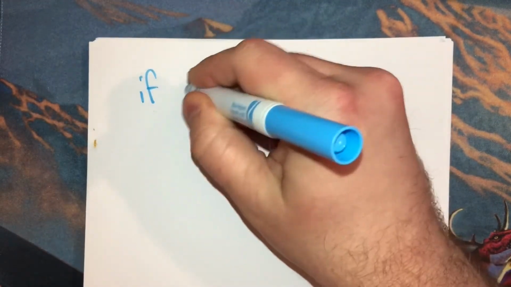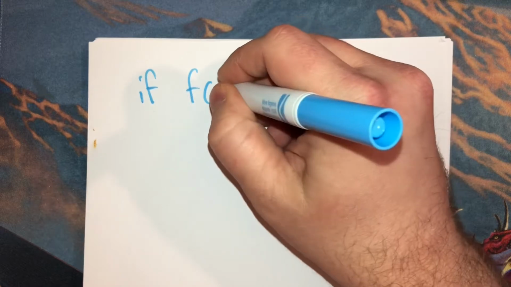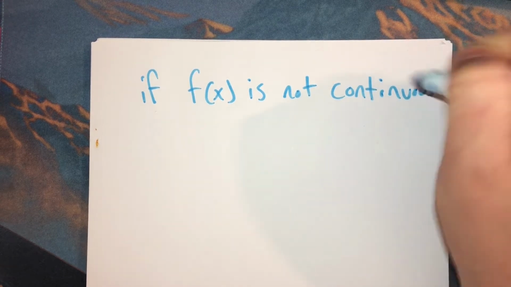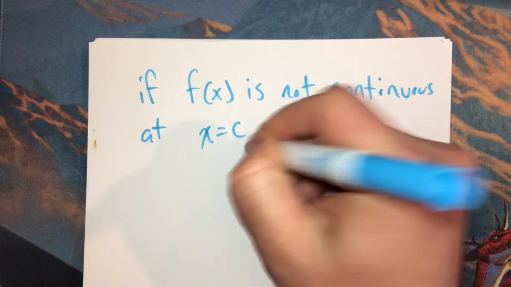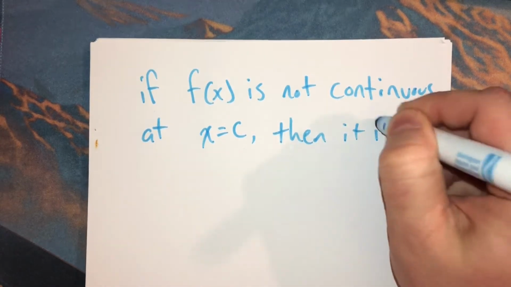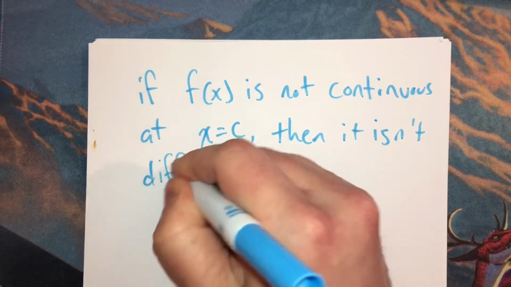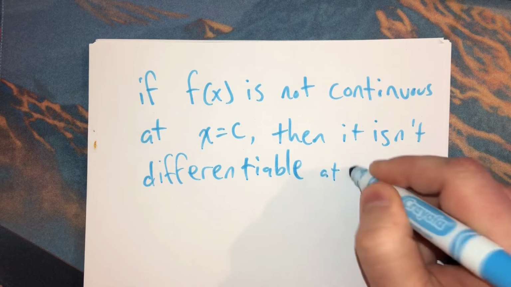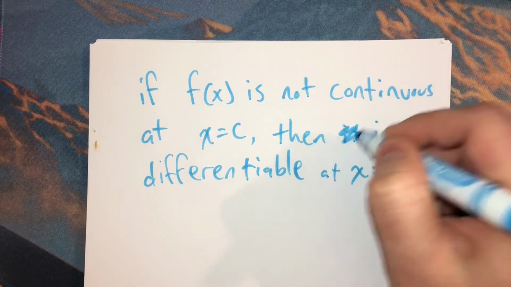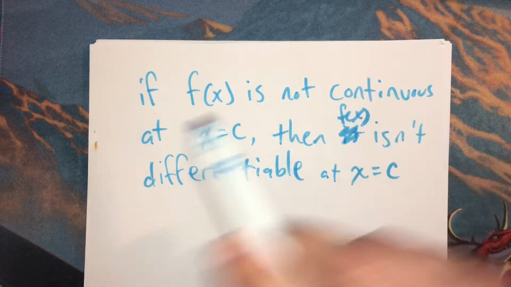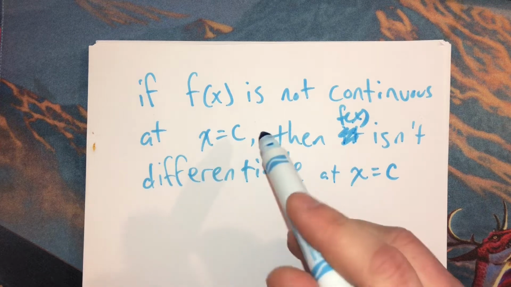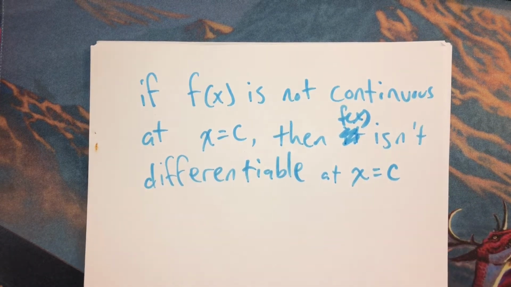Well, the first case where something's not going to be differentiable: if f of x is not continuous at x equals c, then f of x can't be differentiable at x equals c. You have to be continuous in order to be differentiable.